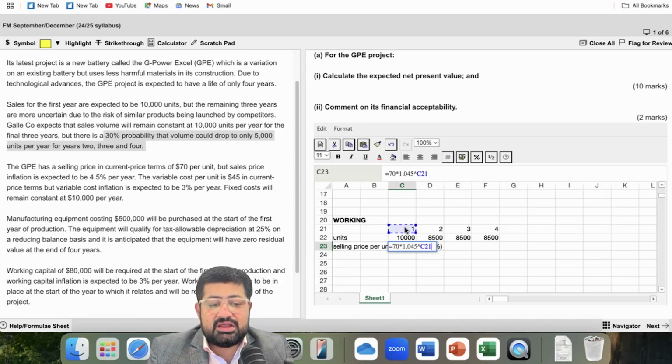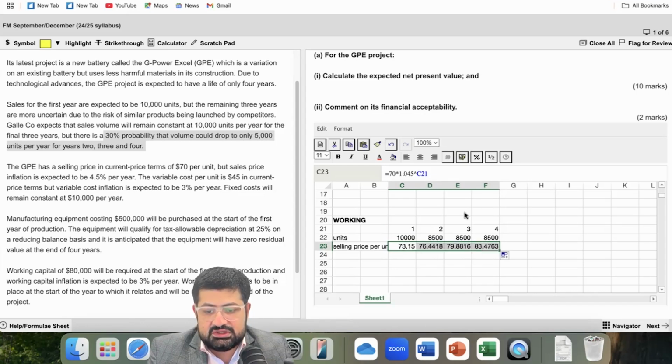We have linked it with the number of years, so life will become easy now. It will be automatically inflated for each year and we'll simply drag it. So this will be the inflated selling price for the upcoming years.